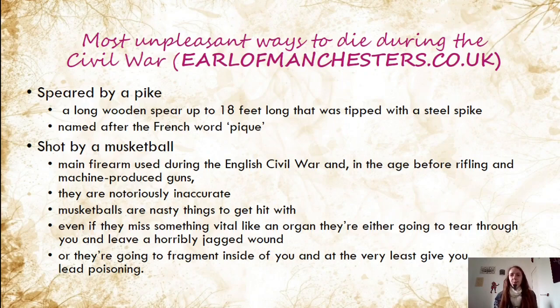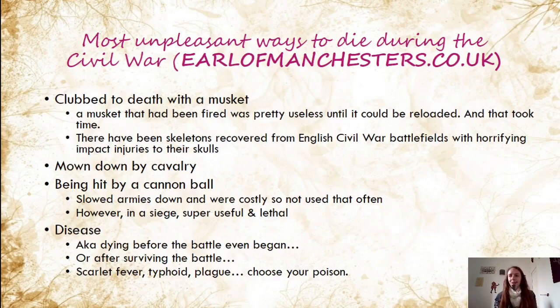But being shot by a musket ball would have been quite unpleasant as well, because they were notoriously inaccurate, which meant that you could find yourself being shredded to pieces. That would have been tearing through your body, even though perhaps the aim had not been reached.